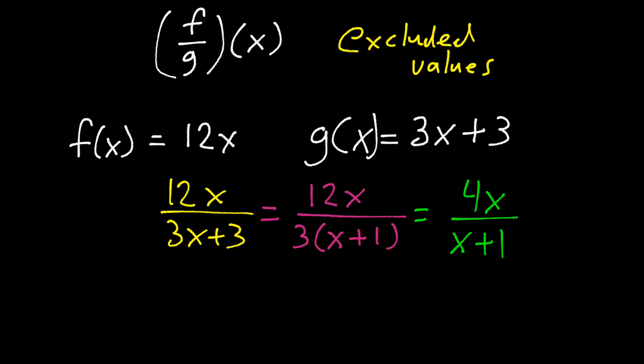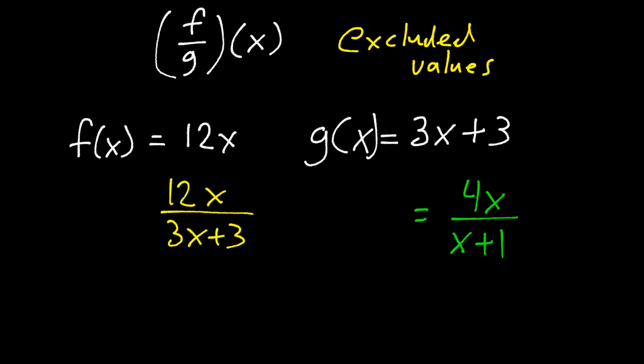So we want to be able to simplify if we can. Sometimes we might have to use synthetic division or long division with these, but sometimes it's as easy as pulling out a GCF. But don't forget, just because we've factored and simplified it down doesn't mean we're done. We still need to worry about an excluded value for this. So let's erase some of the original stuff so we have a little more room.